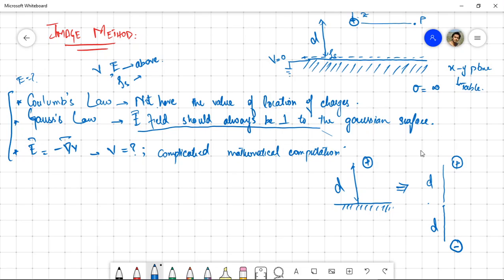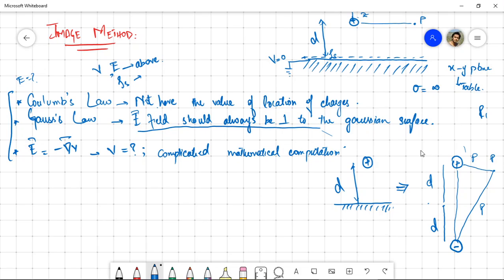As we have a dipole, it is now very easy for us to calculate the value of E at any given point, because now we have the exact location of this charge and the exact location of that charge. All we have to do is put the values of R1 and R2 and so on into the equation of Coulomb's law, and we will calculate the value of E very easily.